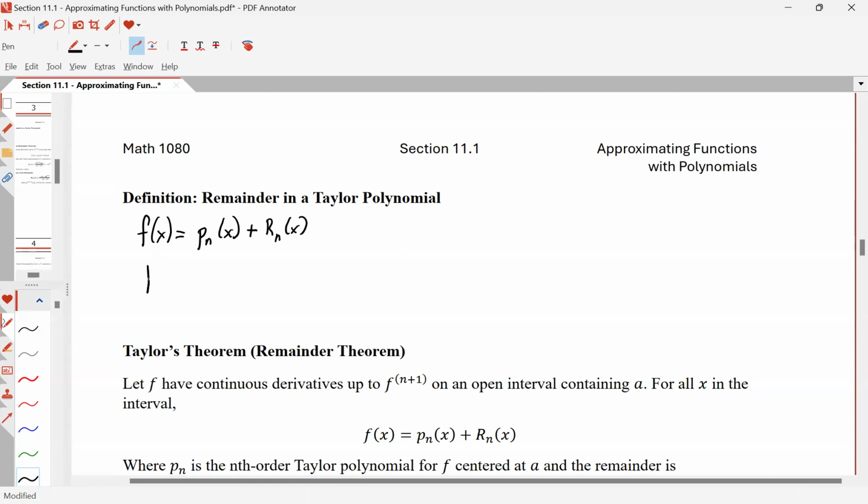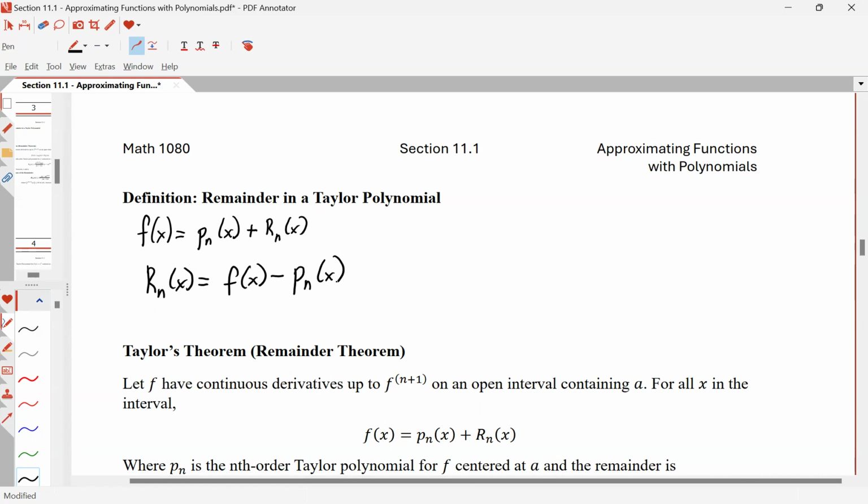Meaning, this remainder function, by just rewriting things, is our function f of x minus the nth Taylor polynomial.